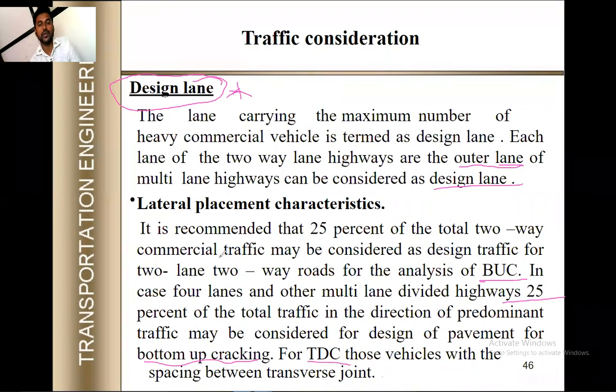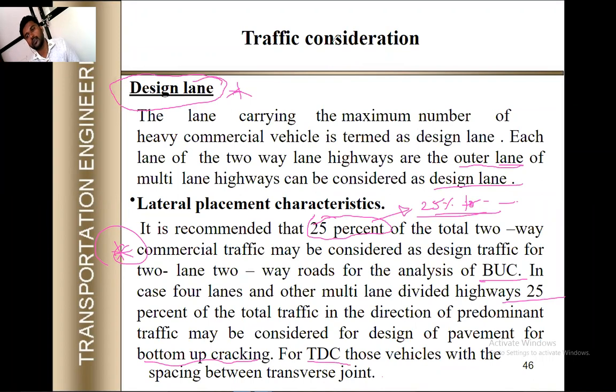Whenever we are designing the road, how much of the commercial vehicles should be taken as heavy vehicles? They have suggested that you should take at least 25% of the traffic. Of whatever two-way traffic there is, that much is considered heavy commercial vehicles.